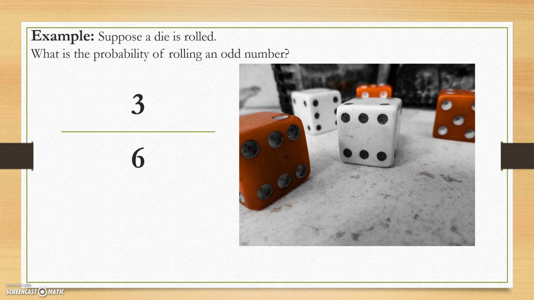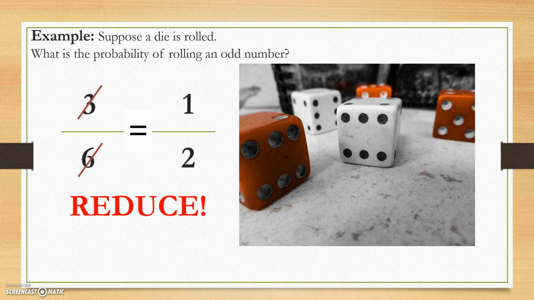And 3 over 6 is the probability, or you have a 3/6 chance of rolling an odd number. However, it means more to us if we go ahead and reduce that into 1/2. So we have a 1 in 2 chance. Those are both equivalent fractions, and they are equivalent ratios as well.